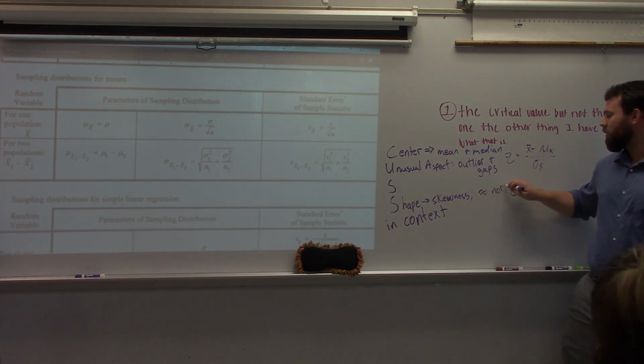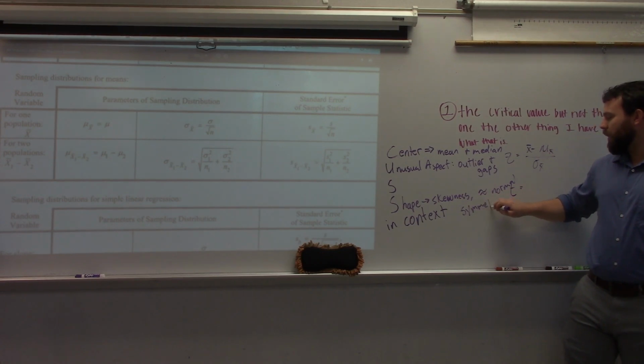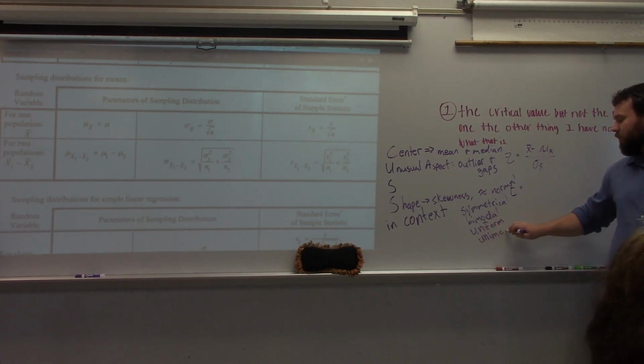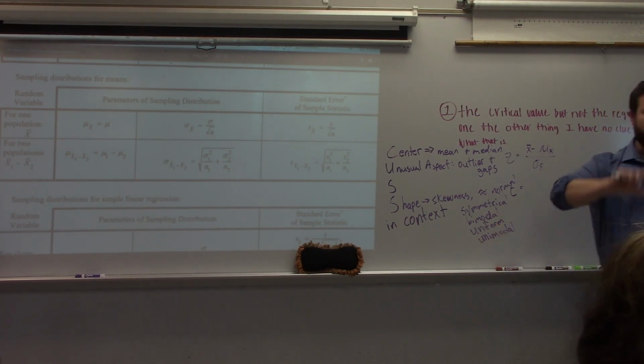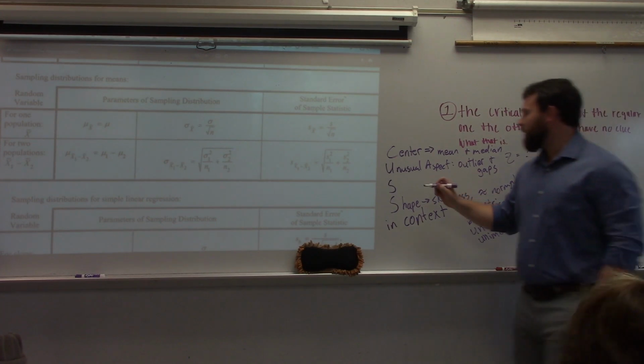Approximately normal, symmetrical, bimodal, or uniform. Okay, it could be uniform. Remember, uniform is different than unimodal, that's what I was looking for. Remember, a mode is the most frequent, so unimodal, one hump, one most frequent, bimodal. And the last one is what?